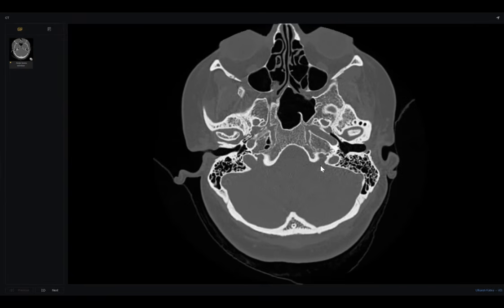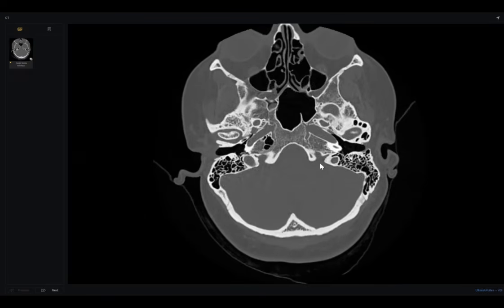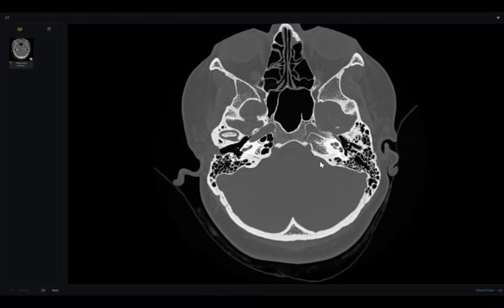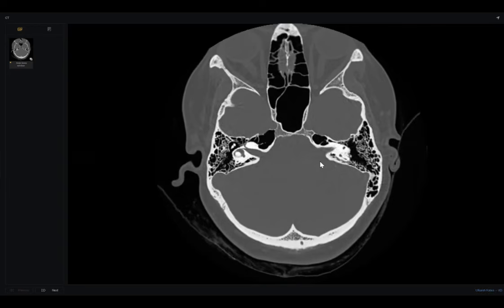But the patient, after examination, has some weakness in his left hemiface. The clinician sent us a note that he has some weakness in his left hemiface. I have to check the facial nerve on the same side.